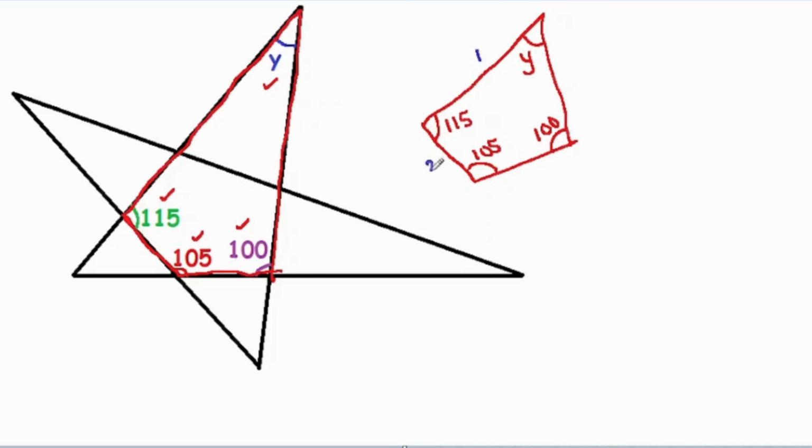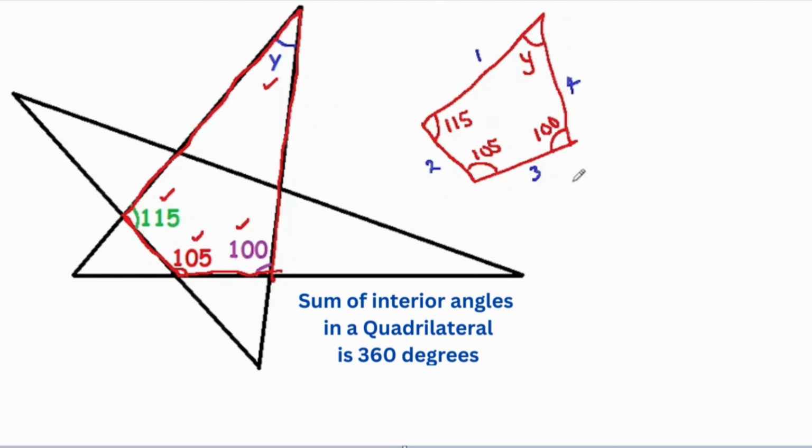So it's a four-sided figure. 1, 2, 3, 4. So that's a quadrilateral. The sum of angles in a quadrilateral is equals to 360 degrees. So let's add up. Y plus 115 plus 105 plus 100 gives us 360 degrees.